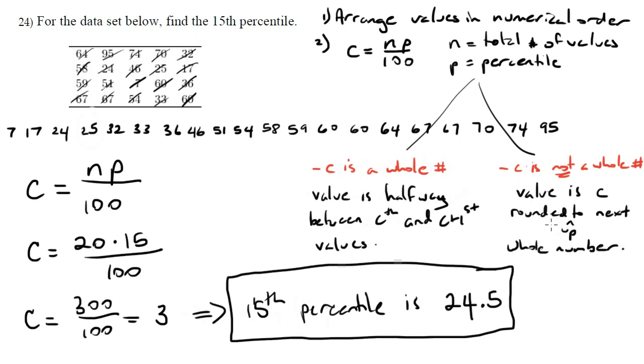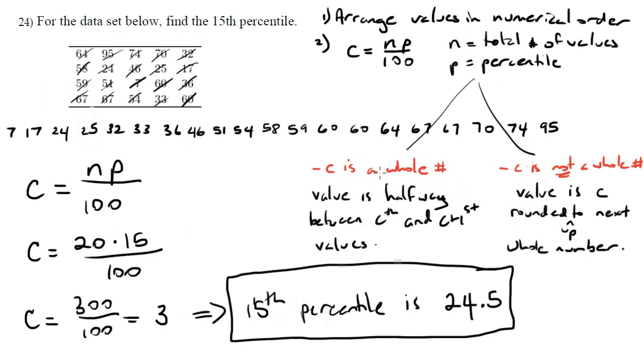So the value is C rounded up to the next whole number. So if C was 3.2, our percentile would be the fourth value. If C was 7.5, we round up to 8. Count 1, 2, 3, 4, 5, 6, 7, 8. Our eighth value is the percentile we're looking for. So if C is not a whole number, just round up to the next position and count up to that.